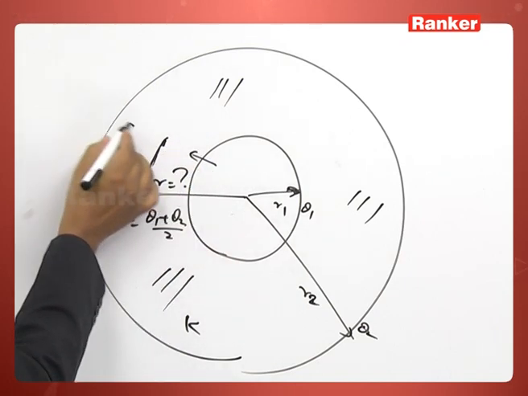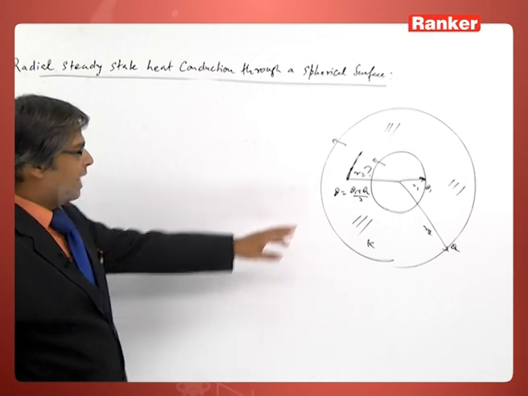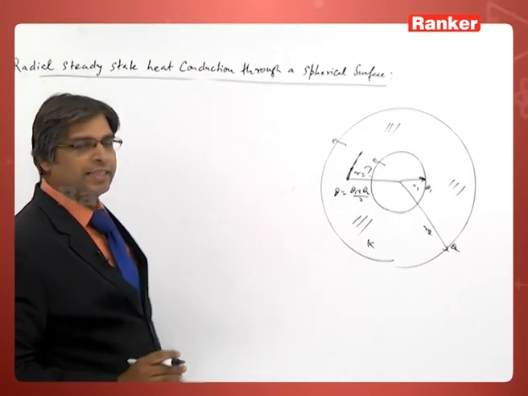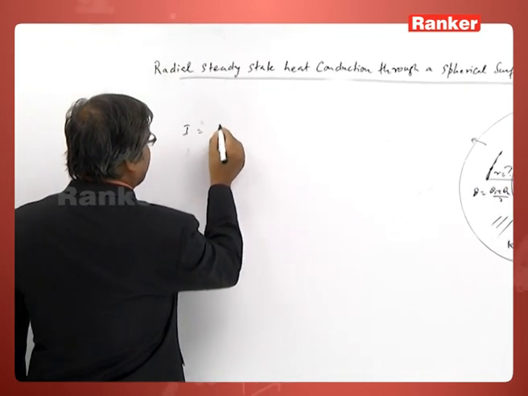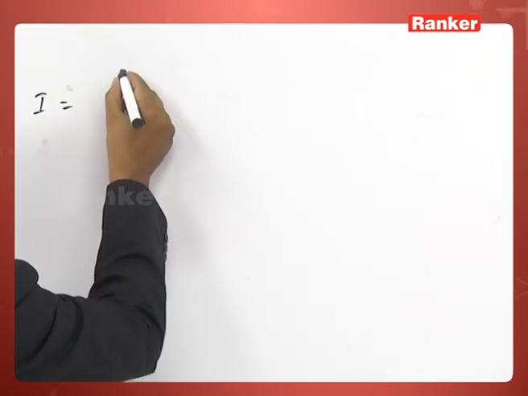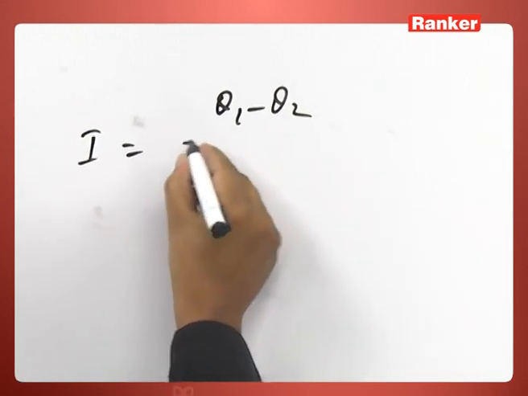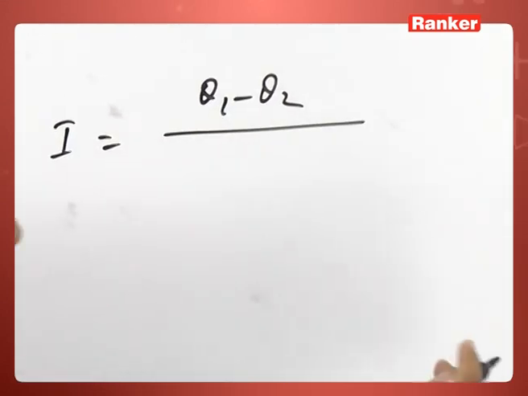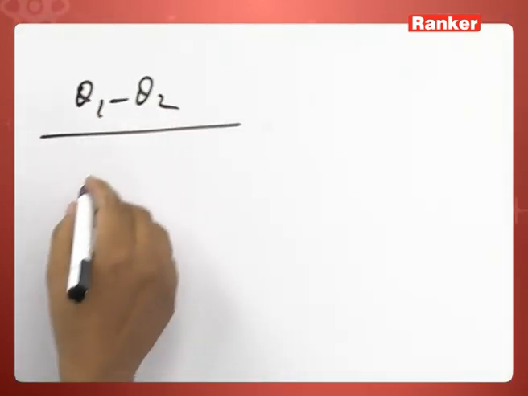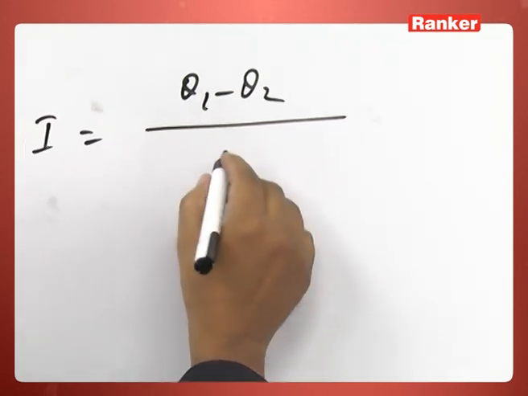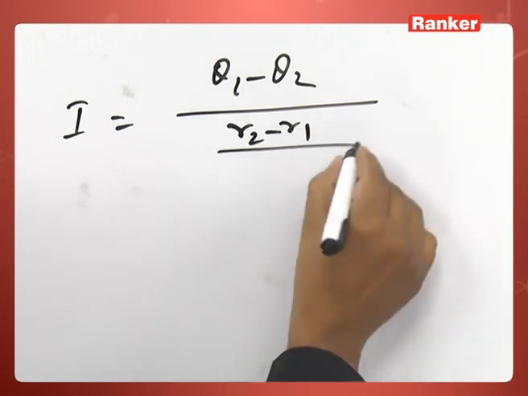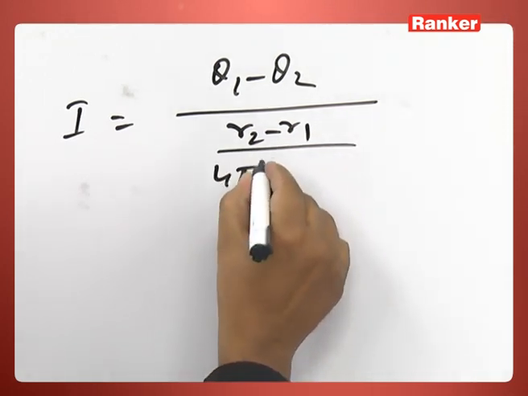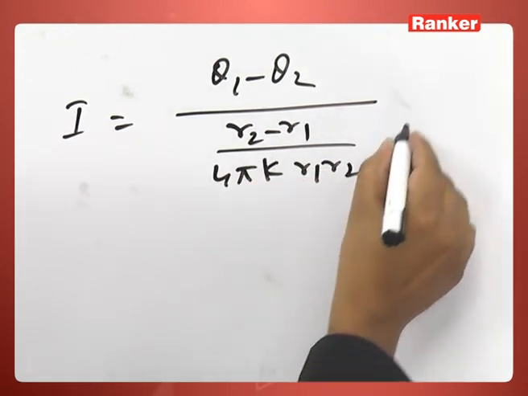We want the temperature of this place. So, the total heat current and the heat current through this portion are the same, and that will be equated. The heat current I is given as (theta 1 minus theta 2) by the thermal resistance of the whole spherical shell, that is (R2 minus R1) upon 4 pi k R1 R2.